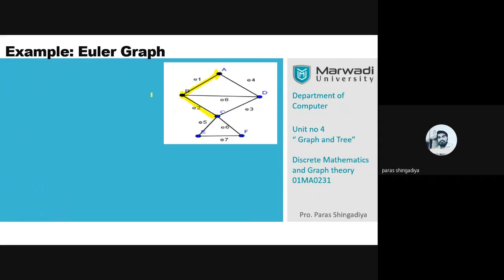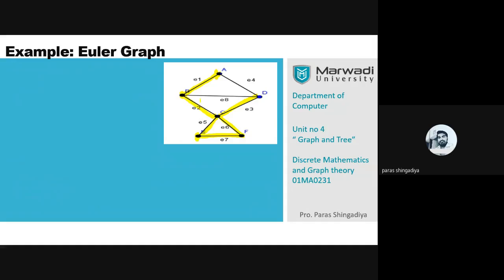I have two possibilities at B. You can use E8 or E2; you can use any one. Then after E5, E7, F, E6, C, E3, D. So now you reach D, and you have two possibilities.